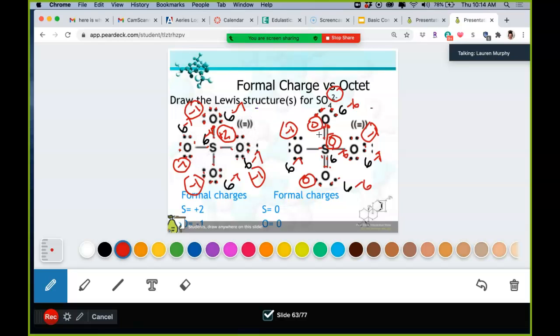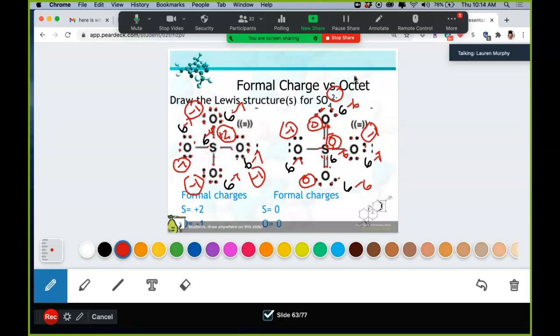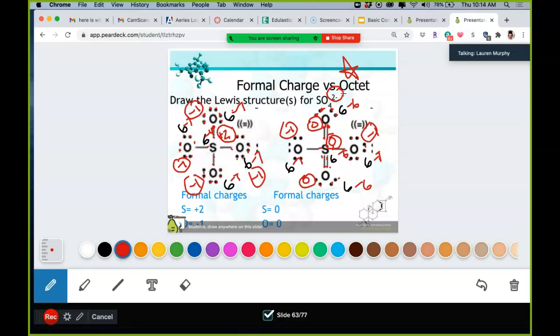Now, I taught you that lower formal charge tends to be a more stable or a more common ion. The thing is, some scientists will argue that having an octet and not an expanded octet is more stable than low formal charge.